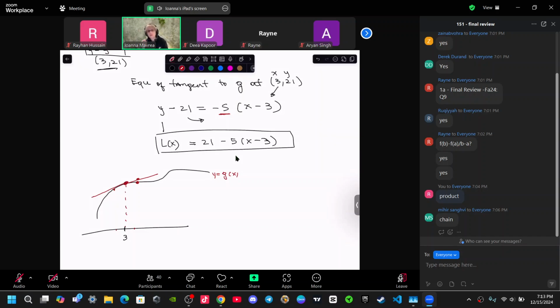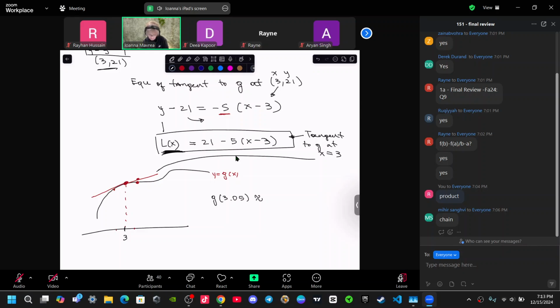They're saying, can you approximate g of 3.05? So g of 3.05 will be approximately the same thing that you get when you plug in 3.05 onto the tangent line of g at that point.